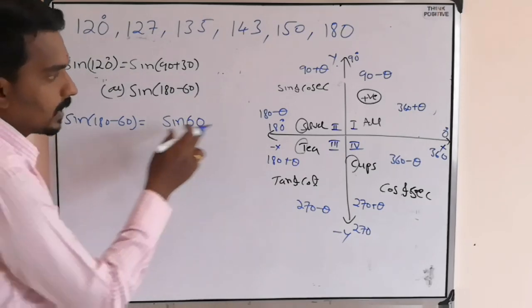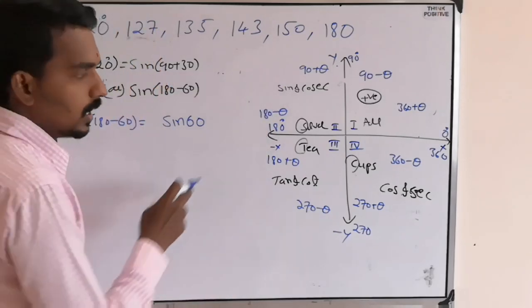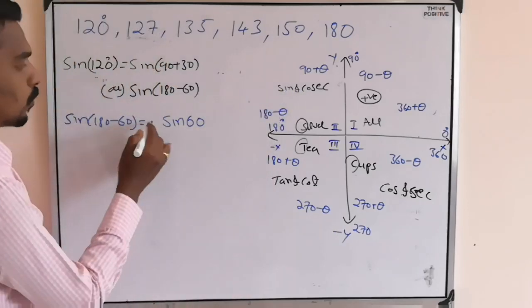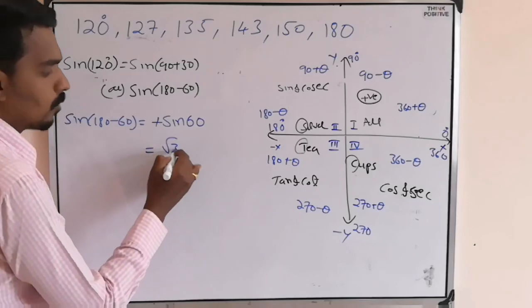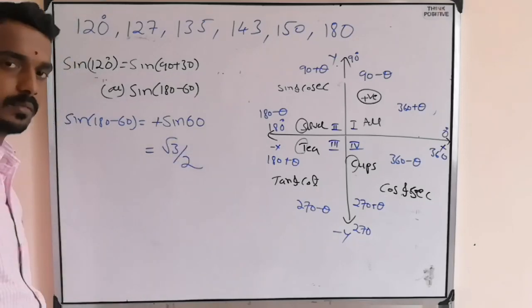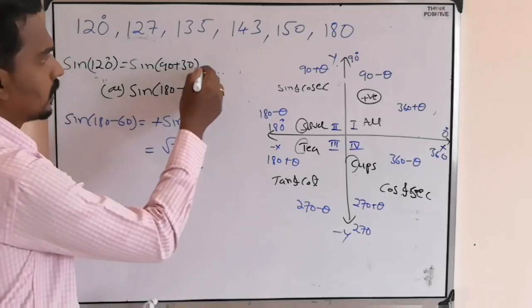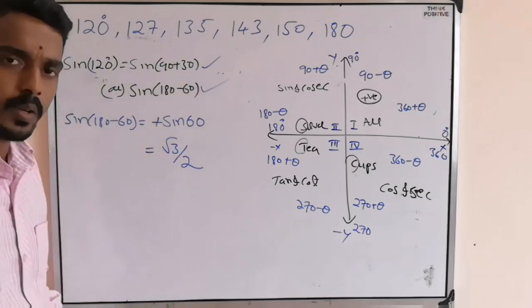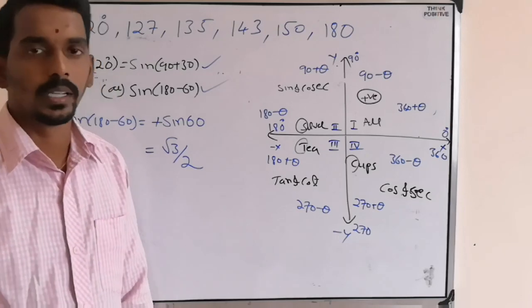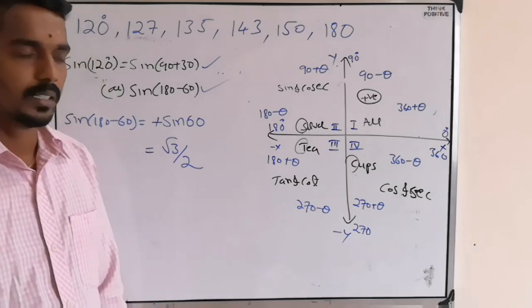Now 180 minus, again second region, and in second region, sine is positive. So sine 60, how much? Root 3 by 2, same. You take this or this, what is the value of sine 120? Root 3 by 2 only. Right?